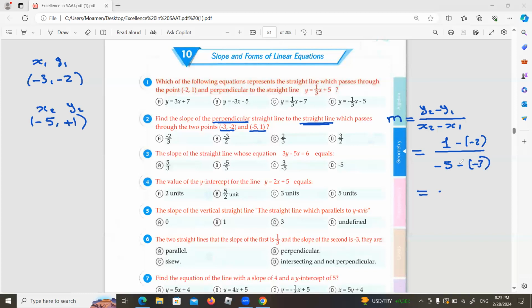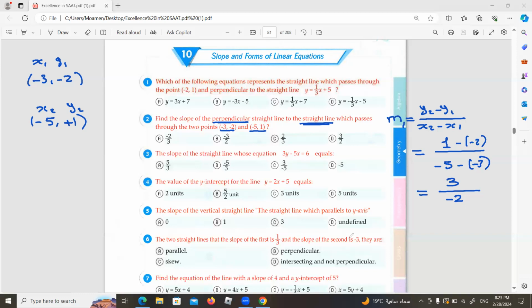So it will be 1 plus 2 equals 3, and this will be -5 plus 3. They have different signs, so subtract and put the sign of the larger number. So it's -3 over 2.